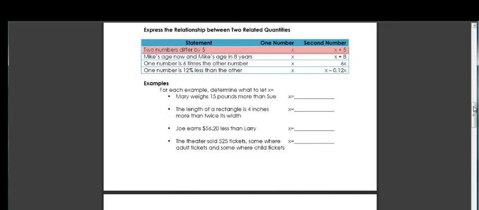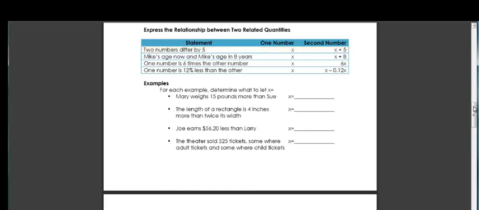So that means we need to let one of them be an x, and then the other number, it says differs by 5, so it needs to be 5 more than the first one. So the second number is going to be x plus 5. These are a little bit harder because you kind of have 2 things you don't know, but it's going to give you enough information to figure them both out.